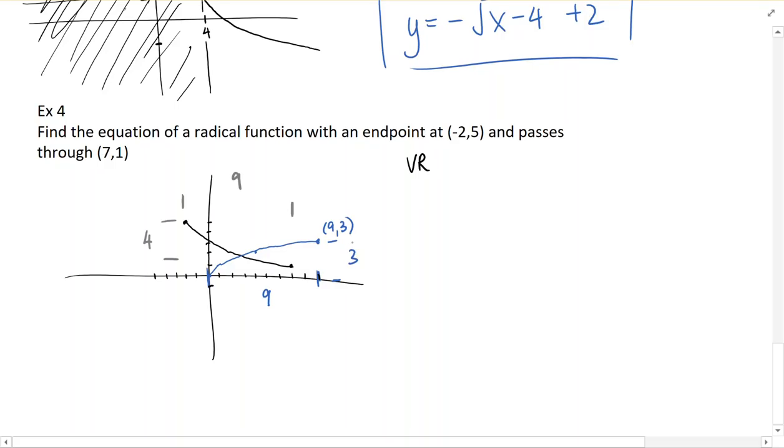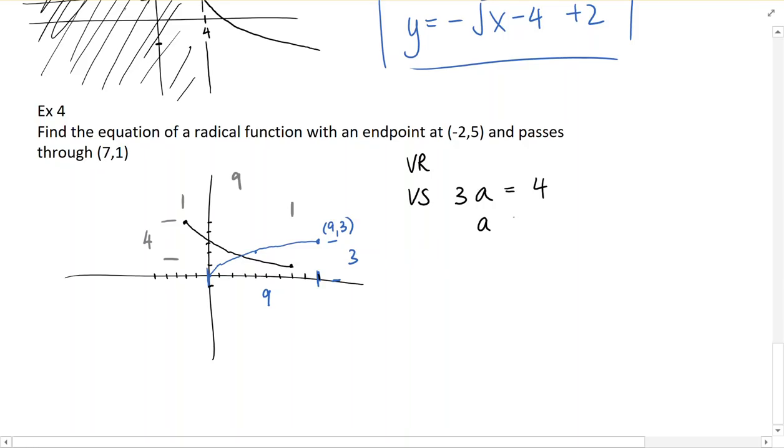But I do need to figure out the vertical stretch. Since I'm going from 3 to 4, that means, if you think about it, for my vertical stretch, I'm going from 3 and I have some a value that I'm multiplying by and it gets to 4.